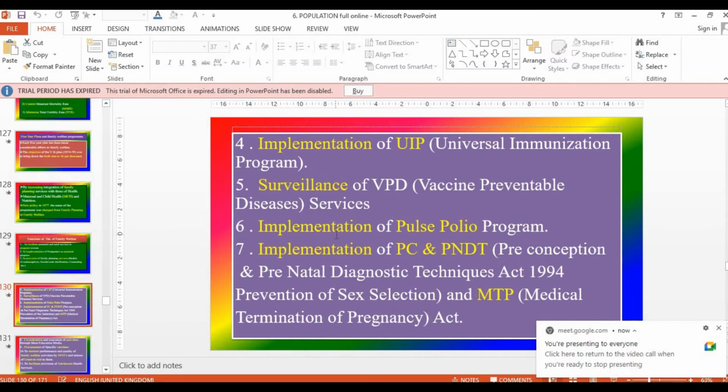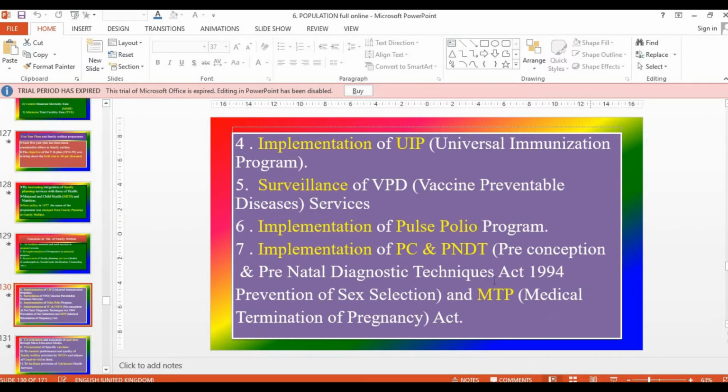Sixth one, implementation of the pulse polio program. Nowadays polio has been eradicated from India, but we still continue to prevent it. Then implementation of PC and PNDT.